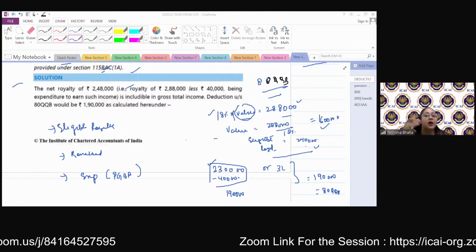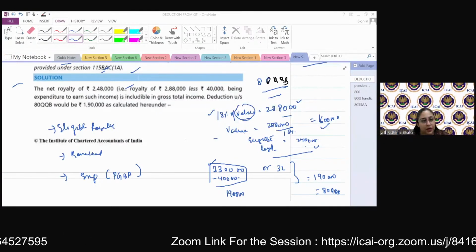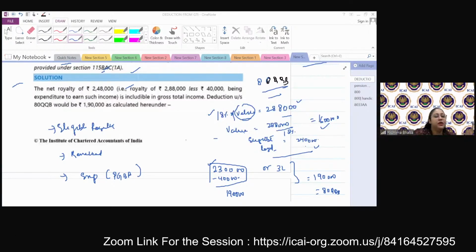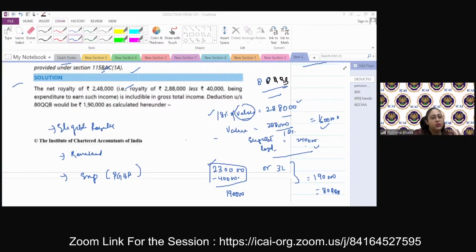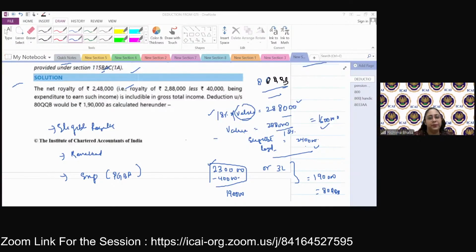Yes, the eligible 15% part only has to be seen when you are not receiving a lump sum royalty. If it's a lump sum royalty, then you just have to see what is the amount remitted to India, what is the deduction claimed, and compare it with 3 lakh.